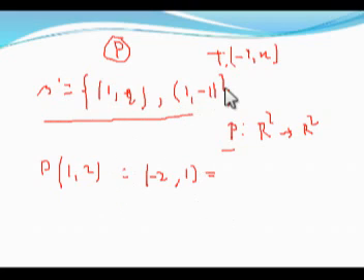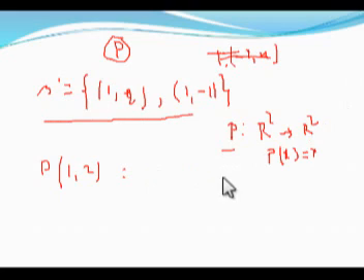Sorry, I am taking this wrongly. Here P is differently defined. We will take P defined as Px equals x. So this is another linear transformation. In this way we will get this (1, 2) will be 1.